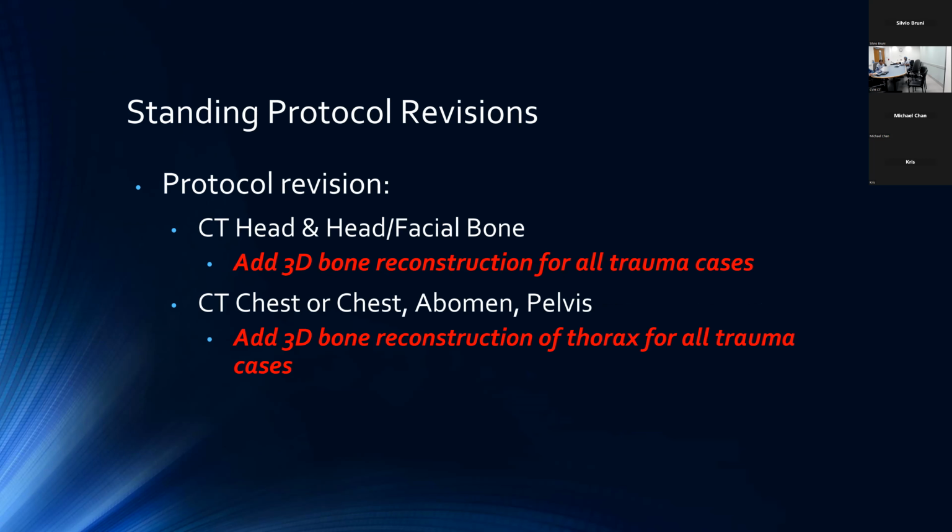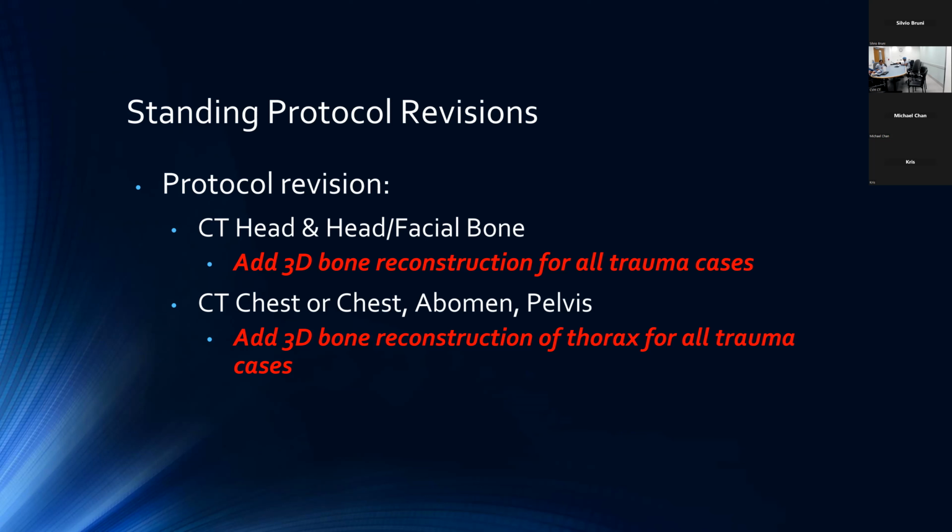Another minor change to our existing protocol includes the addition of some 3D bone reconstructions to all head, facial bone, and CT chest examinations, specifically done in the context of trauma. So for the chest exam, this will be added to the CT CAP trauma exam that we currently have as a standalone protocol.